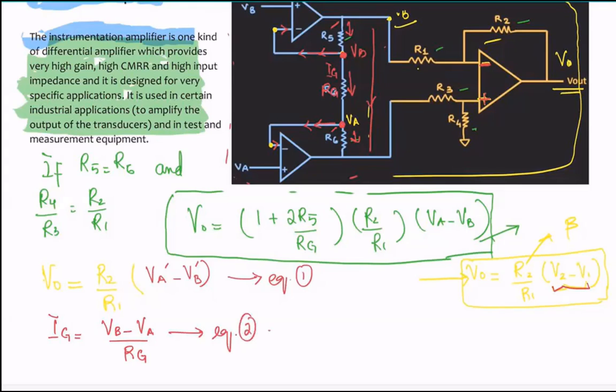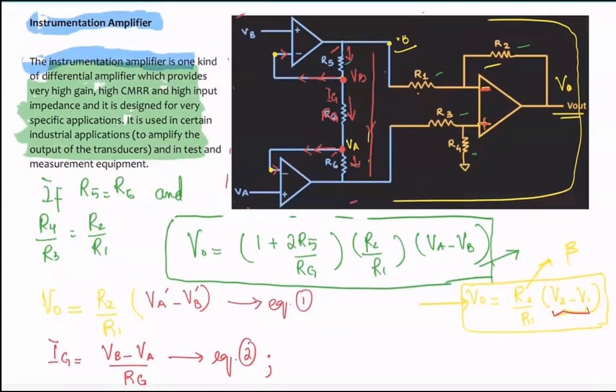Now, because no current flows through the input terminals of the op-amp, the same current flows through R5 and R6, which I already mentioned. So I can simply apply Ohm's law here. Remember this VB bar here, right? And then this was the VA bar over here.